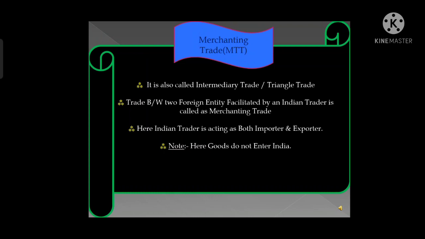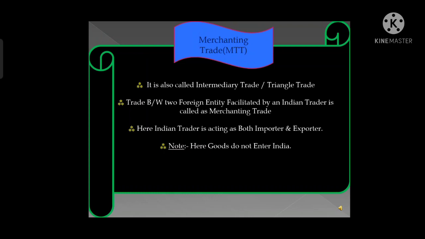Under merchanting trade, the Indian merchanter or the Indian intermediary plays the role of both the exporter as well as the importer. And the one key point we need to remember is that the goods will not enter the territory of the intermediary.